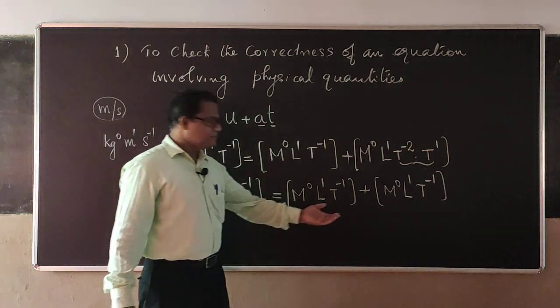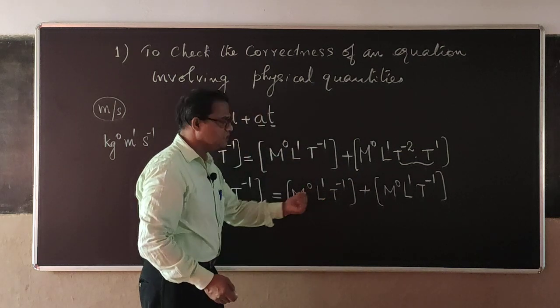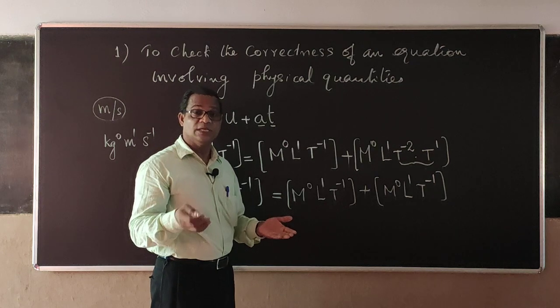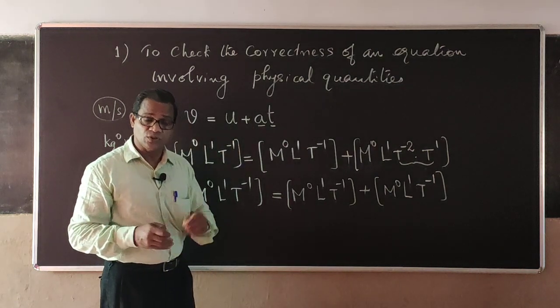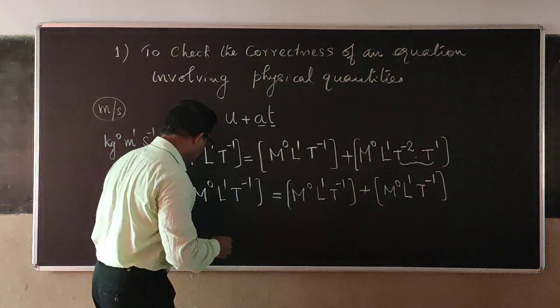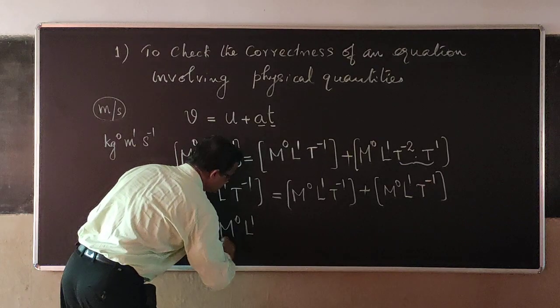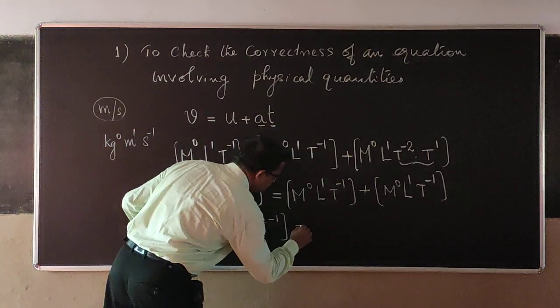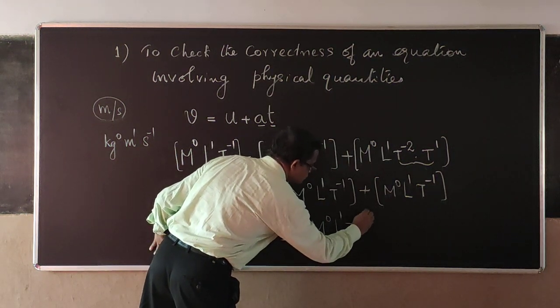So if you go for mathematical addition here, these two brackets are identical, so you take this 2 times. But the number 2 is not having any dimensional formula. It's only a number. Therefore, we can have M^0 L^1 T^-1 is equal to M^0 L^1 T^-1.